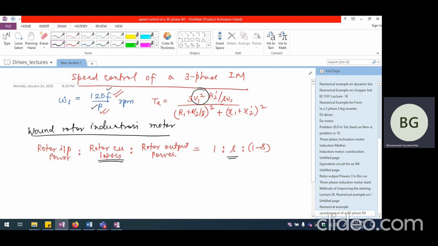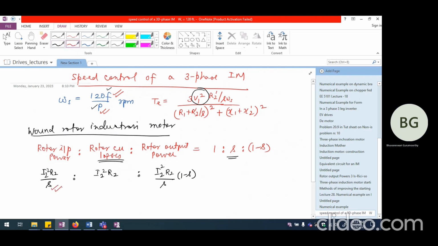That can be done because this is I2 square R2, whereas this is going to be I2 square R2 divided by S, and this is going to be I2 square R2 divided by S multiplied by 1 minus S. So by adjusting the slip, I should be able to adjust what fraction of the copper losses is incurred by the rotor circuit, and how much output comes out of the rotor in the form of mechanical output.